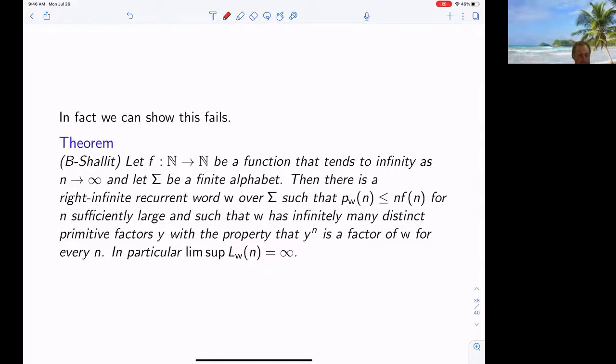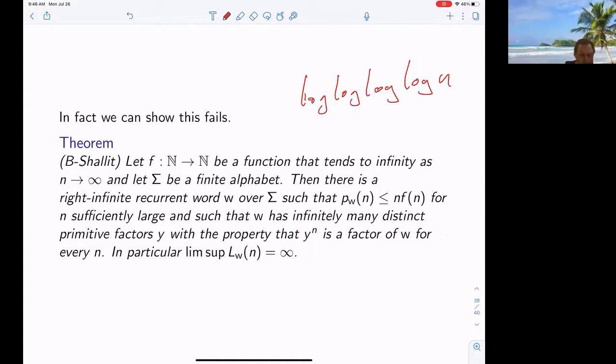And it actually fails no matter how close to linear you get, as long as you exceed linear. So if you take whatever function you like and just make sure it tends to infinity, but it can tend to infinity as slowly as you like, you could take log n, or the inverse Ackermann function, or whatever you'd like.